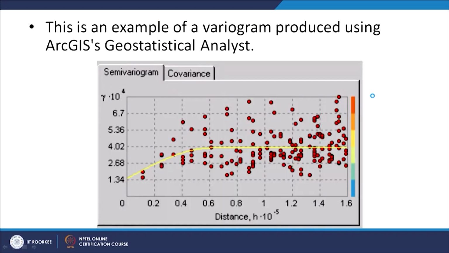And if we see a further example of a variogram or semi-variogram produced using, say, the Geostatistical Analyst of ArcGIS, then here we get a semi-variogram like this against these input points. You can also calculate other parameters which may be required to better understand the generated surface.